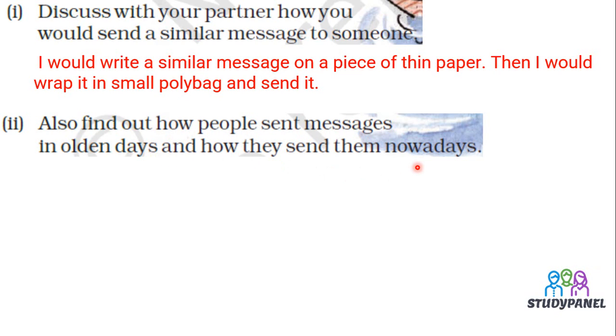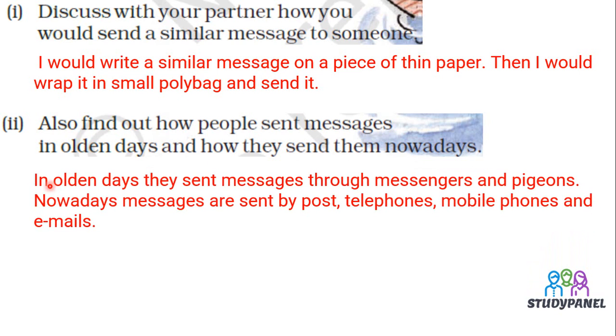Also find out how people sent messages in olden days and how they send them nowadays. See, in olden days people used pigeons to send messages. There were postmen, nowadays also postmen are there. लेकिन पहले जो लोग घोड़े पे जाते थे और एक जगह से दूसरी जगह पर मैसेजेस देते थे। In olden days they sent messages through messengers and pigeons.